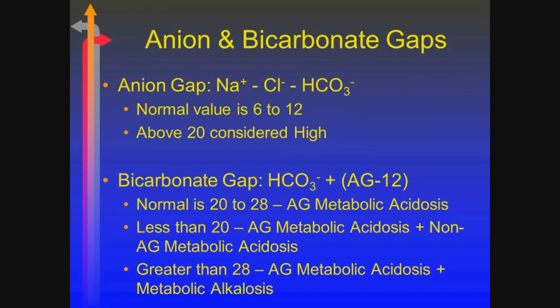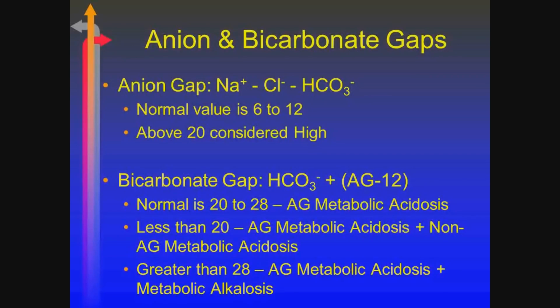The concept of a bicarbonate gap is, if I take that bicarbonate and add to it my existing anion gap less 12, you can say that there are 3 different possibilities. The normal value here is 20 to 28. If the bicarbonate gap is within that 20 to 28 range, then I would say I have an anion gap metabolic acidosis.